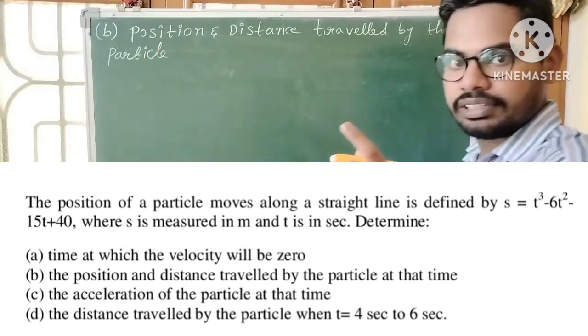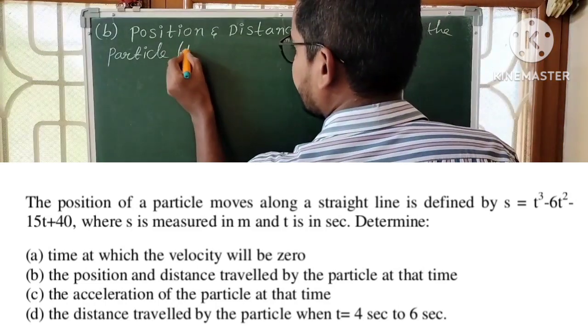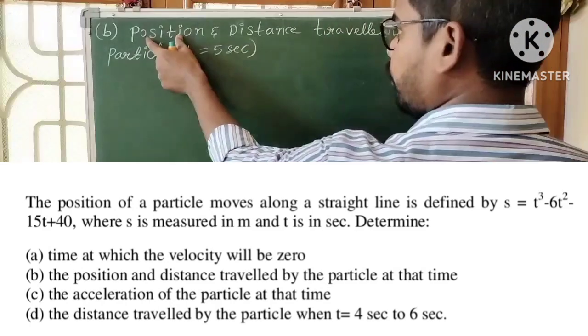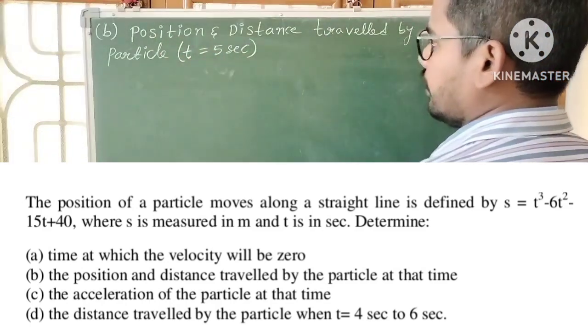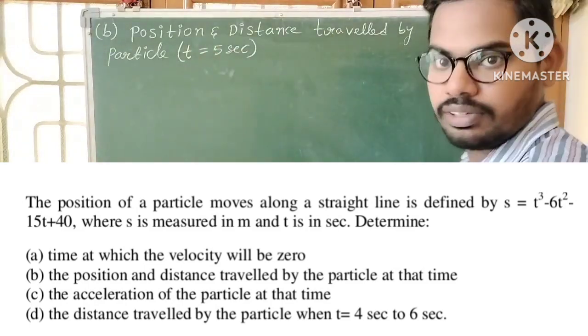Here, at that time means the time at which the velocity of the particle is 0. So what is the answer? T is equal to 5 seconds. Okay? So we have to find the position of the particle at t is equal to 5 seconds, and at the same time the total distance traveled by the particle at t is equal to 5 seconds.